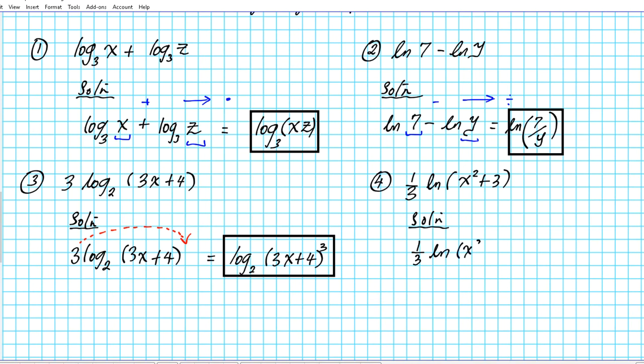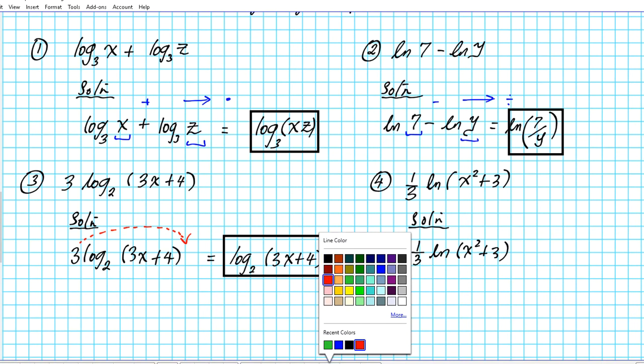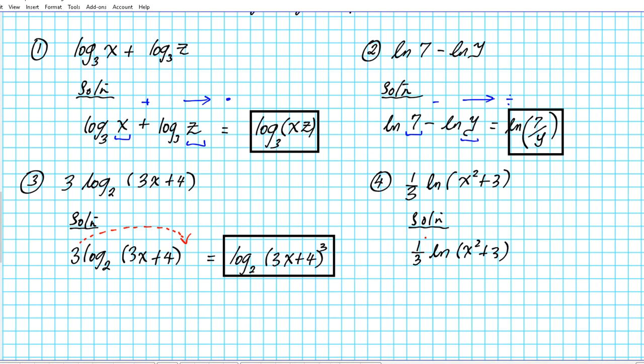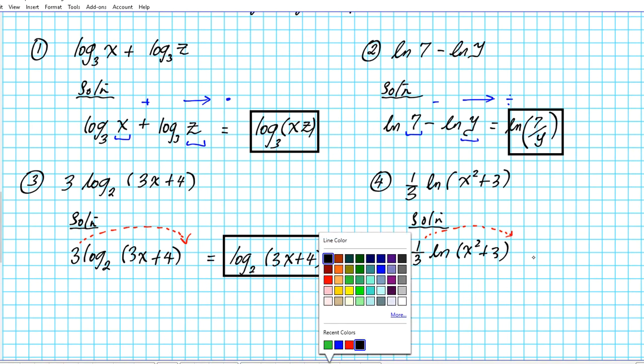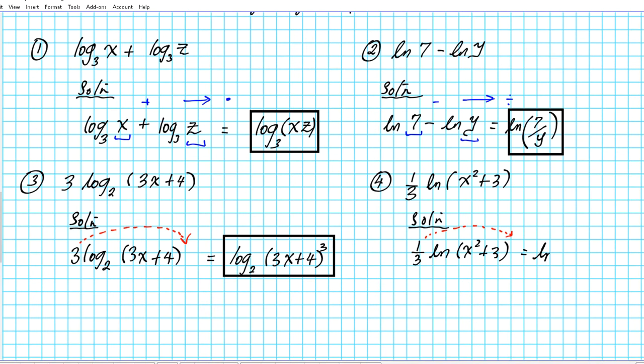So how do we do this? Well, we're going to be using the power property again. So the power property of logarithms enables us to power up the coefficient to become an exponent of the logarithmic argument. So this is going to become the natural logarithm of x squared plus 3 raised to the 1/3.